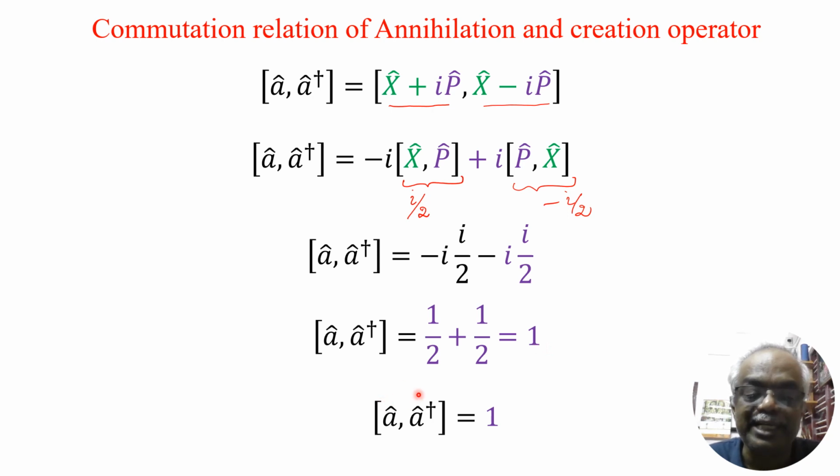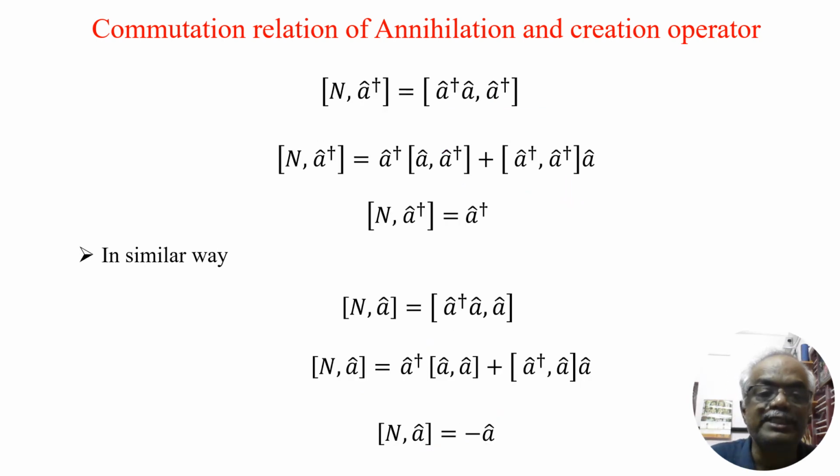So the commutation of a with a dagger is 1. This is a very important equation, which we are going to use in future lectures, not only in future lectures, but also to solve the problem related to the harmonic oscillator.